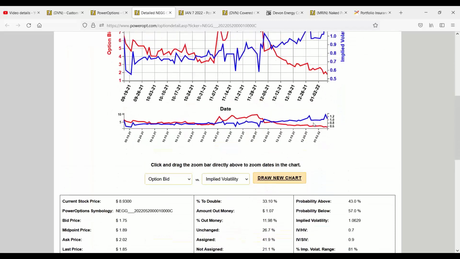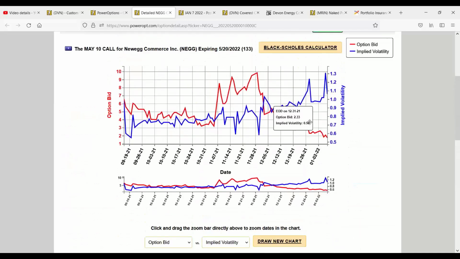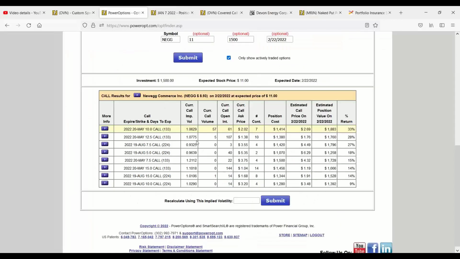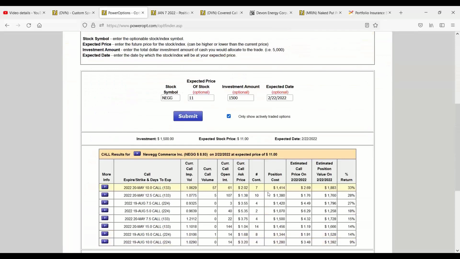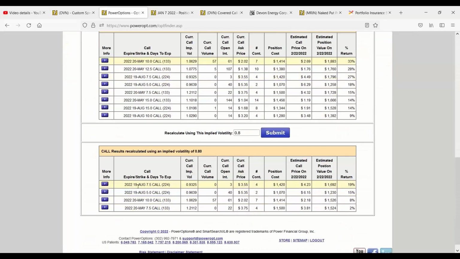And what am I saying? I'm saying if some event comes up, maybe they're planning on earnings, maybe this is inflated for some reason of that, or maybe this is just a big volatile stock, but I'm expecting an event that could lower the volatility. Is this return going to be affected for this May call that looks like the best bang for my buck if the stock does hit 11 on February 22nd, but the volatility reverts back to its norm of 0.8?